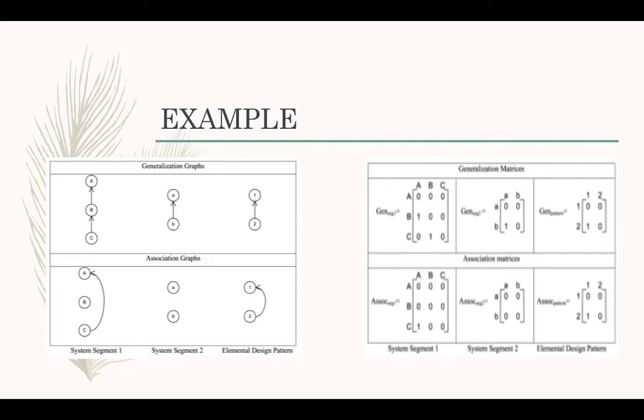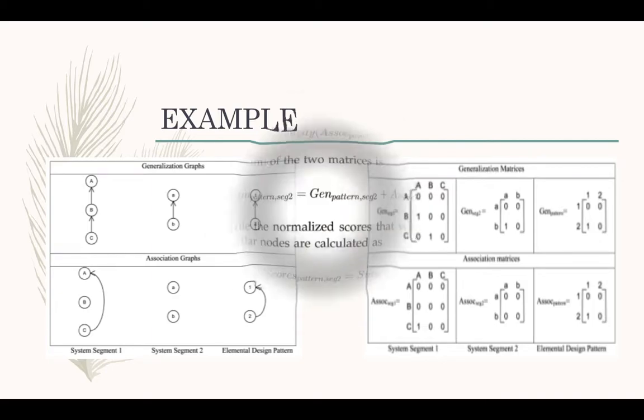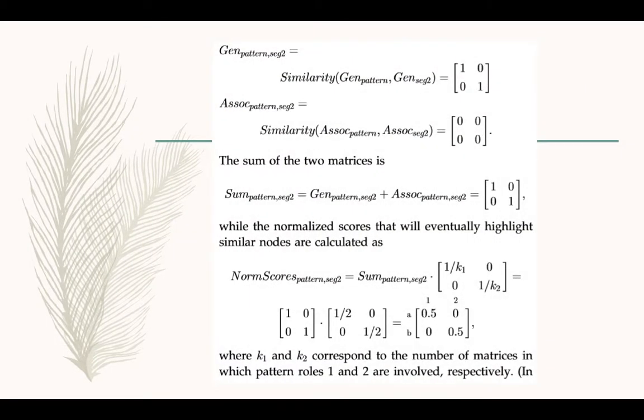The similarity matrices between the corresponding graph of segment 2 and the pattern, and the similarity function, correspond to the similarity algorithm described. Okay, next. Here is the solution for more understanding.